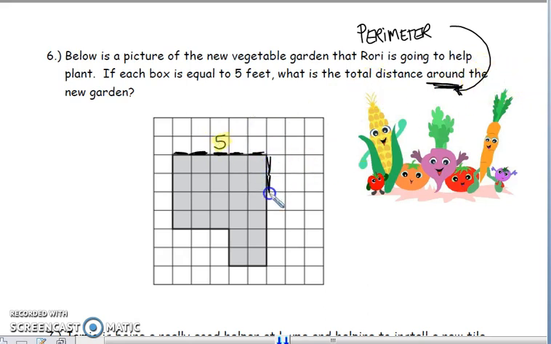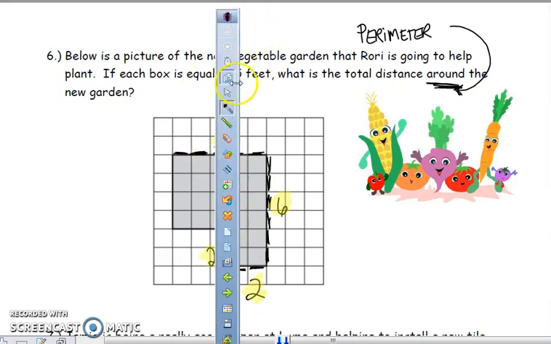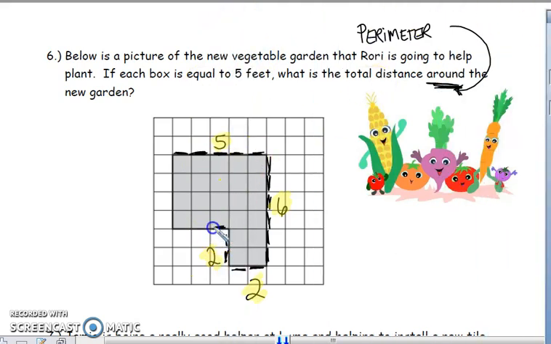This one is 1, 2, 3, 4, 5, 6 long. 1, 2, whoops, 1, 2, 3, 1, 2, 3, 4. So we have all of our sides, so now we're going to add this up.